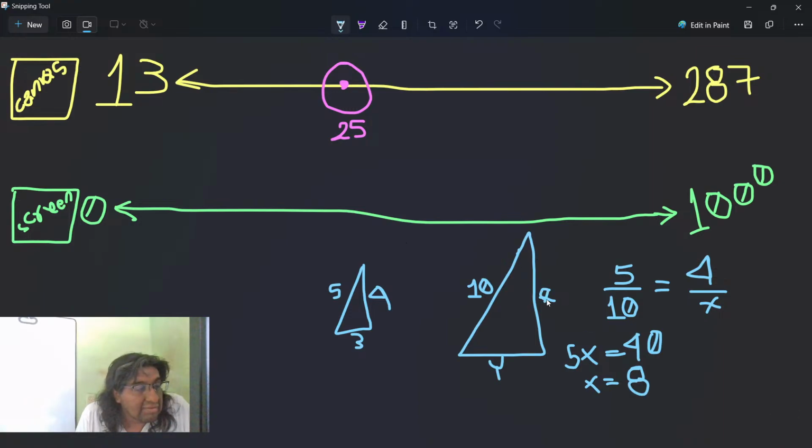So these things are right. We established this proportion.